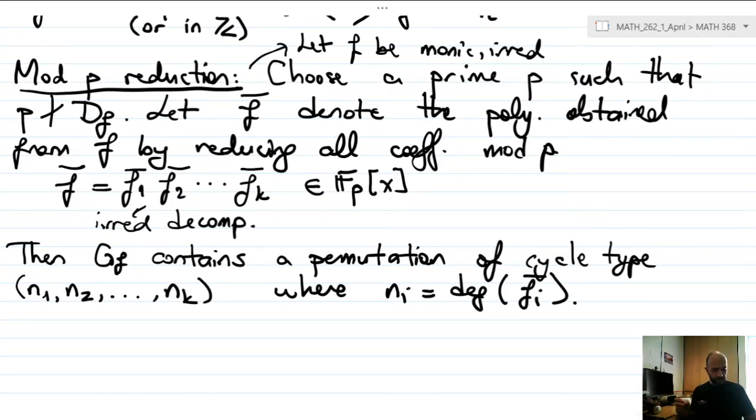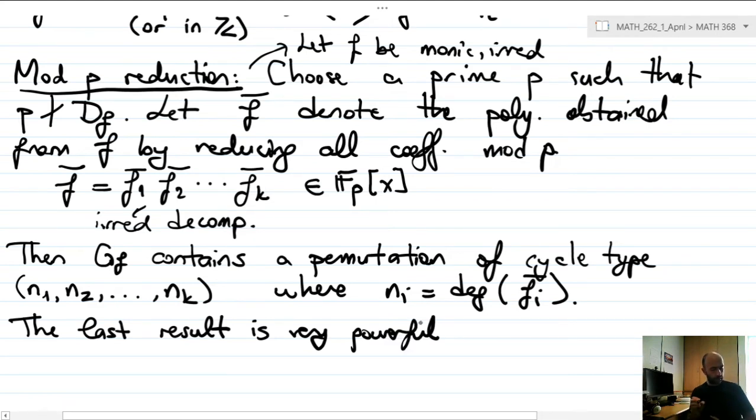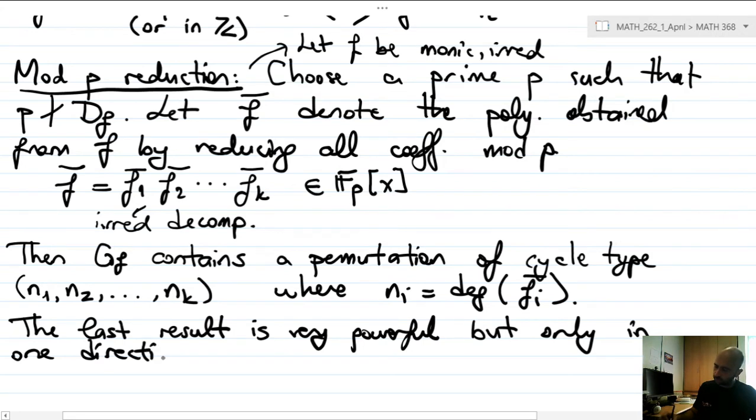Okay, now this last result is very powerful, but only in one direction. Namely, it tells you the existence of cycles of a certain type in the group, but you can only use this in this way, at least in this format, to prove that G_f is large.